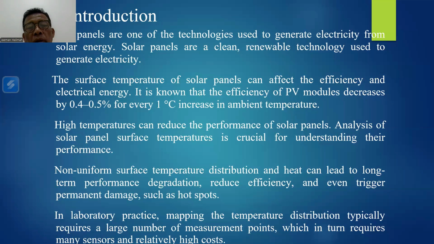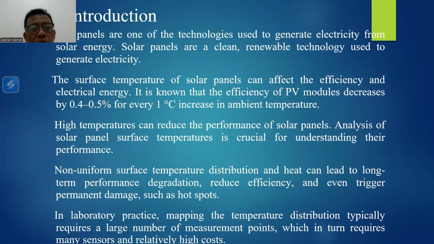It is known that the efficiency of PV modules decreases by 0.4 to 0.5% for every 1 degree Celsius increase in ambient temperature. High temperatures can reduce the performance of solar panels.